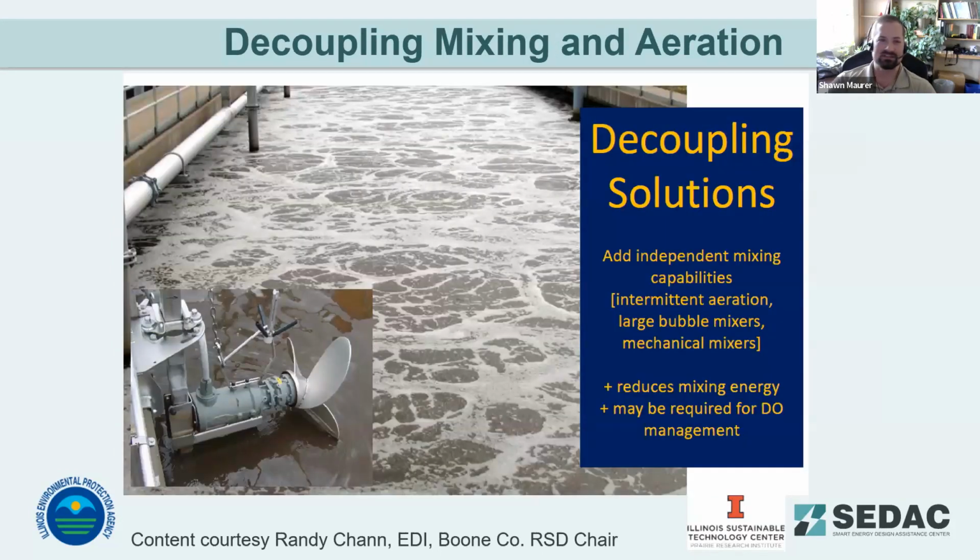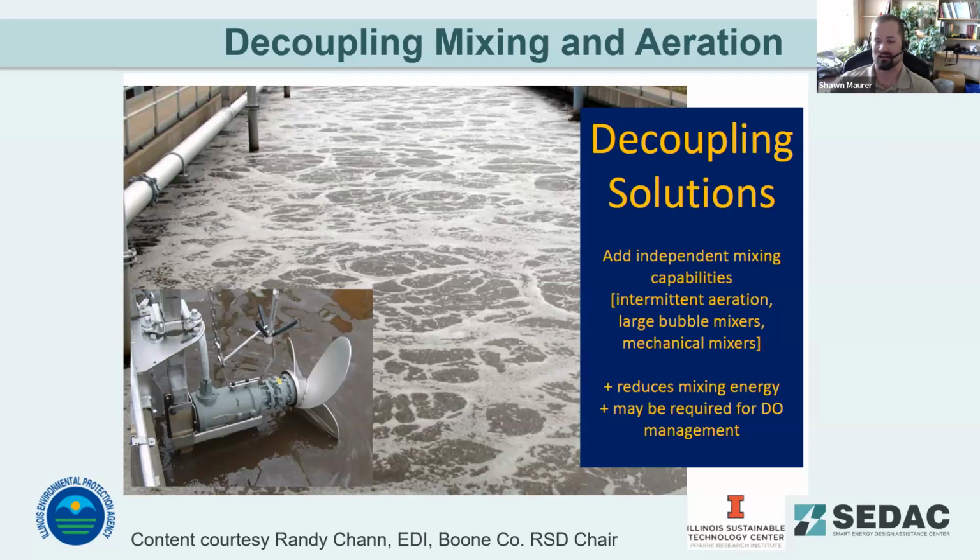And the last thing we touched on is decoupling mixing from aeration. In a lot of processes that have anoxic or anaerobic storage basins, those tend to be mixing dominated basins. And so if you're using aeration to also mix those basins, you're overshooting your DO set points.